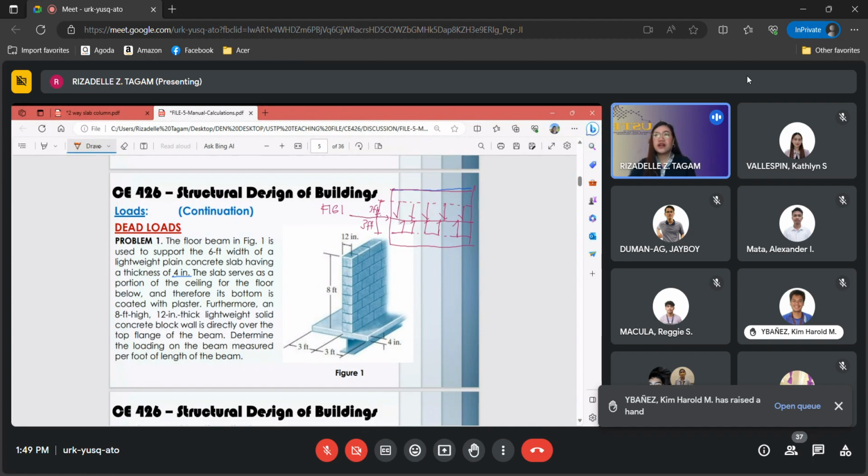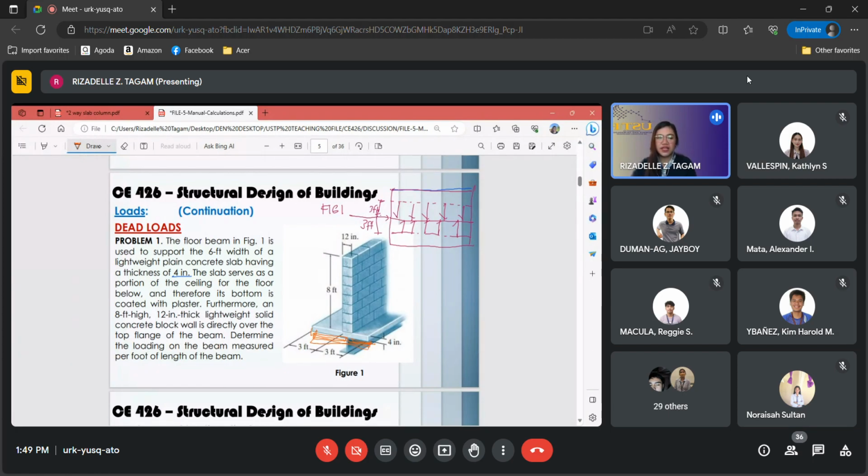So the floor of the second floor is atop the ground floor. And there is a plaster at the bottom, the plaster for the ceiling. So there is a property, the weight of the plaster under the slab.